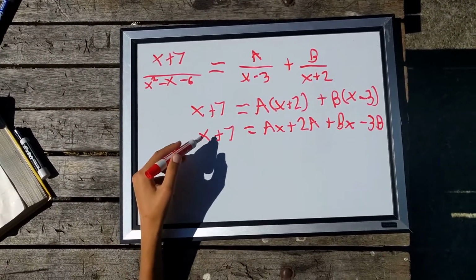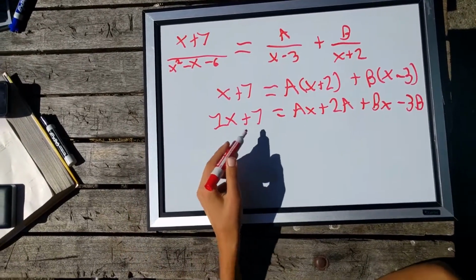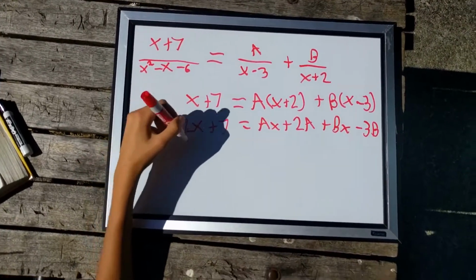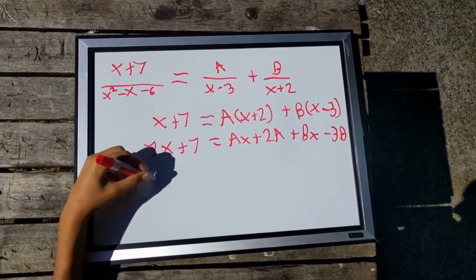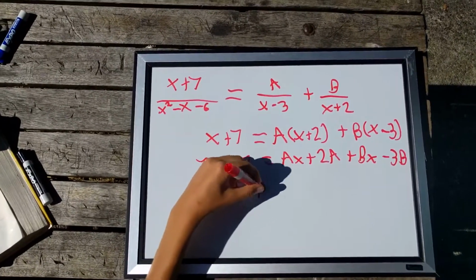So you have the x's here, so 1x is equal to Ax plus Bx. You take out the x's and you have 1 is equal to A plus B.